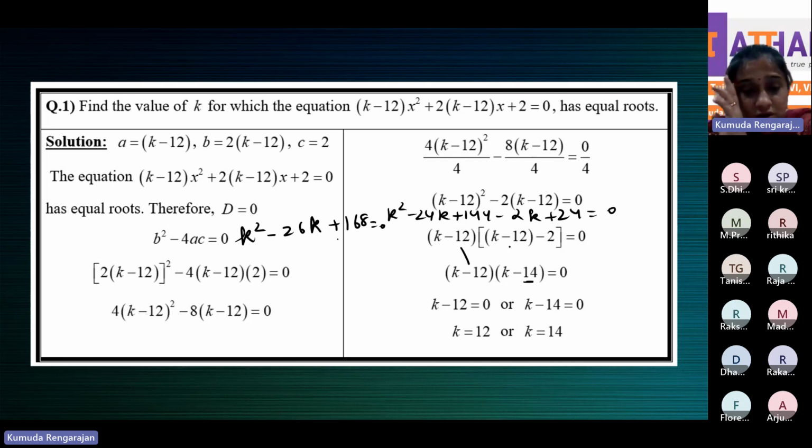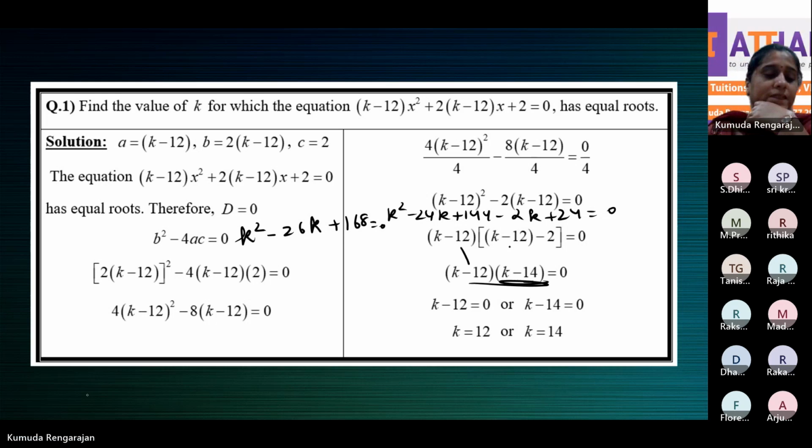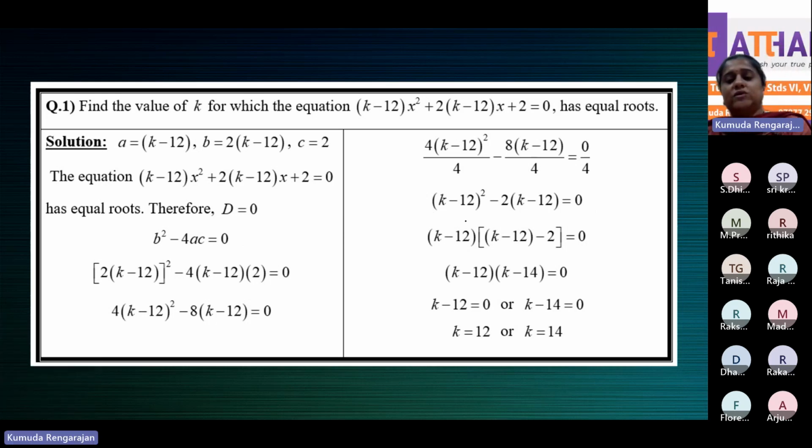It's not wrong. So split the middle term and you will get the same two factors. You can also do it like this. I have taken out k minus 12 common and then worked it. So we have k minus 12 into k minus 14 is equal to 0. So k is equal to 12 or k is equal to 14.